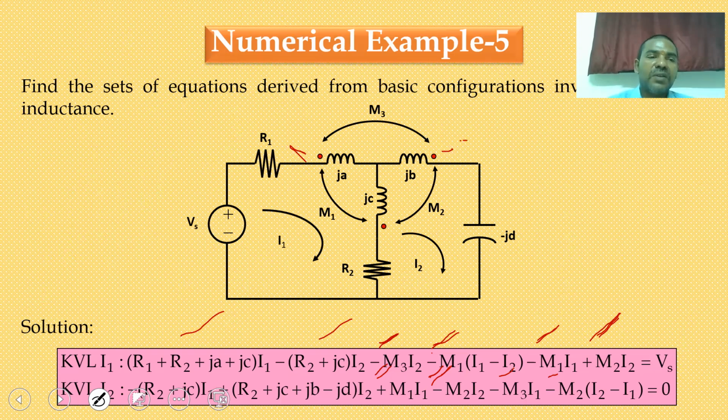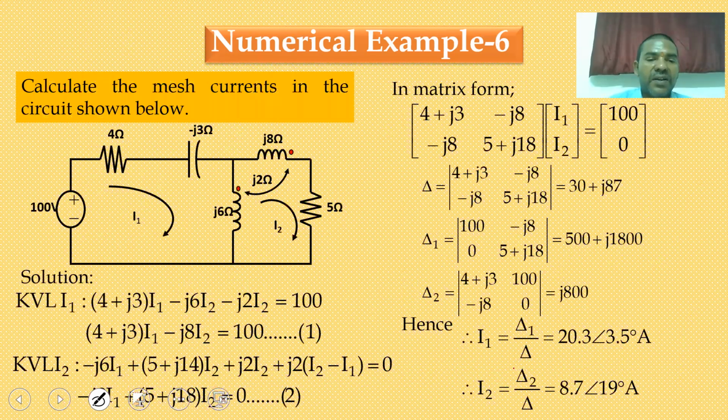Next, coming to the numerical problems. For the circuit, you have to calculate the currents using mesh analysis. Here the mutual inductance value given is J2 ohms between the two coils J6 and J8. The first loop we write 4 minus J6 plus 4 minus J3 plus J6, so finally you get 4 plus J3 into I1 minus J6 into I2.